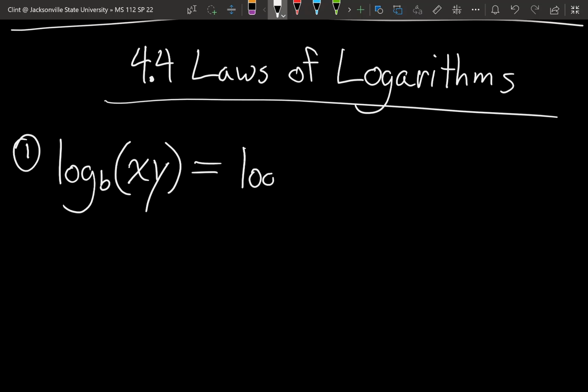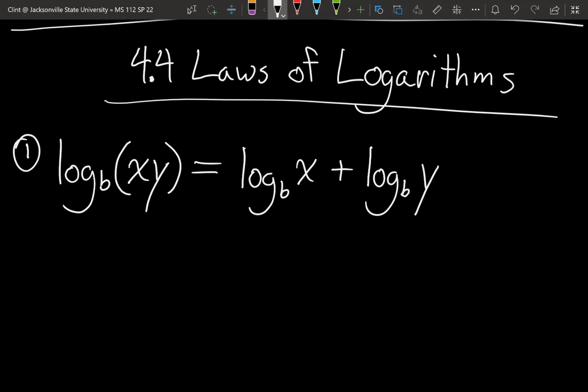That is the same thing as log base b of x plus log base b of y. So it works both directions. Going from left to right, if we have a product inside of our logarithm, we can split that up into separate logarithms by putting a plus sign in between each one.